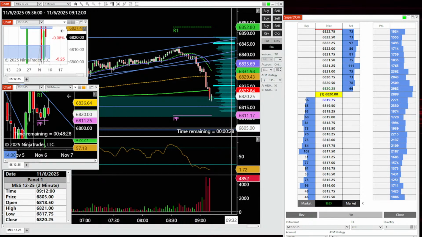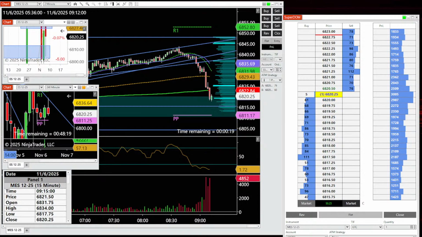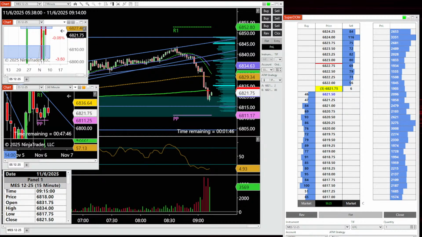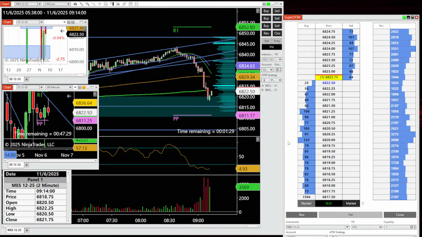Over and under the 20. Okay, 20. Maybe trying to get back above VWAP.